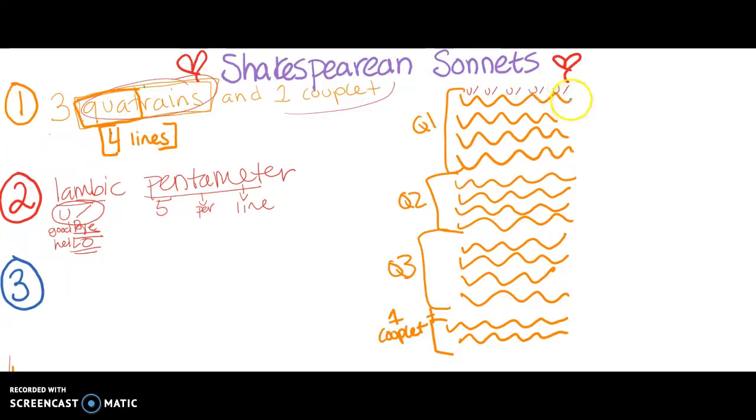So that happens in each line, all the way through each quatrain and the couplet. Well, this is really important because it's what makes sonnets famous. When we combine iambic pentameter together, each line has a bit of a rhythm. The line will read ba-da, da-da, da-da, da-da, da-da.